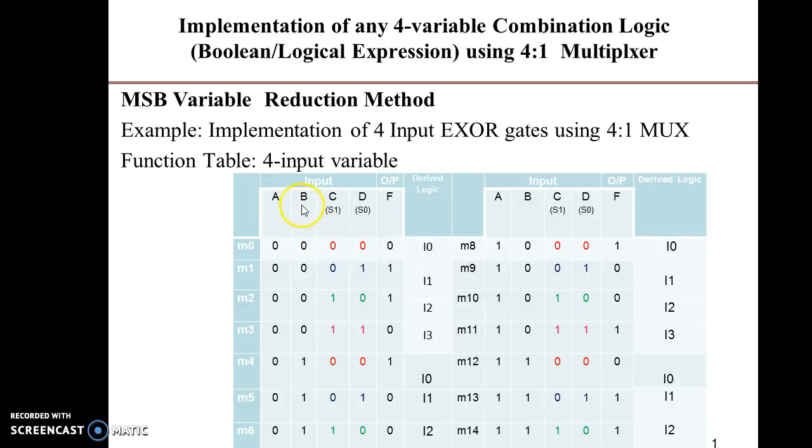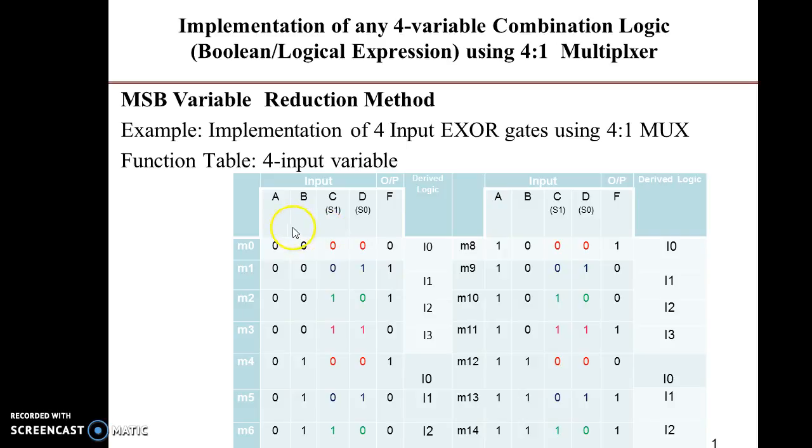The four inputs are represented by variables A, B, C, D. CD is my LSB variables of the XOR gate, AB is the MSB variables, and F is the output variable.